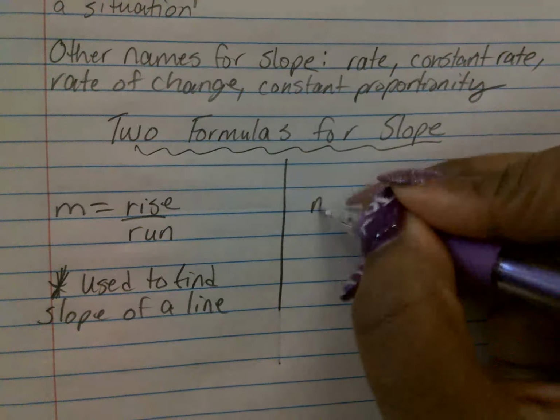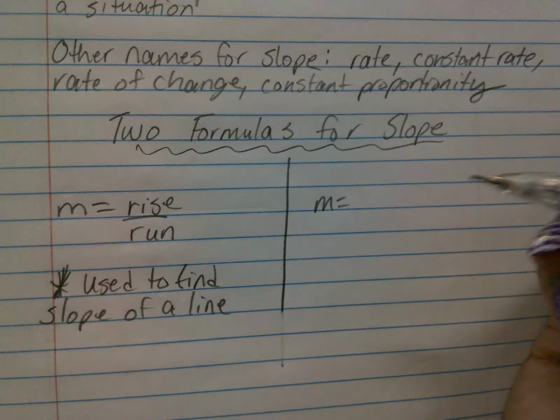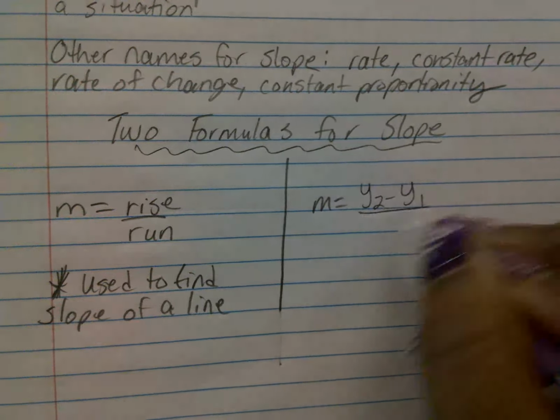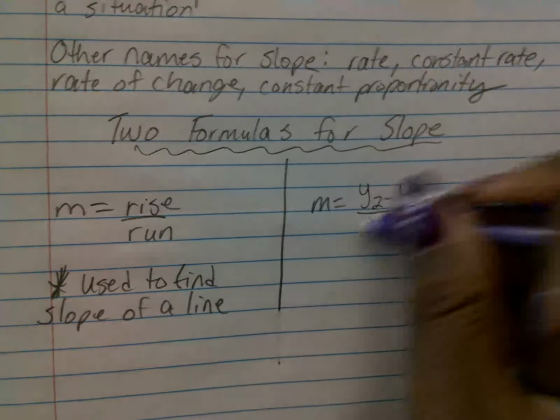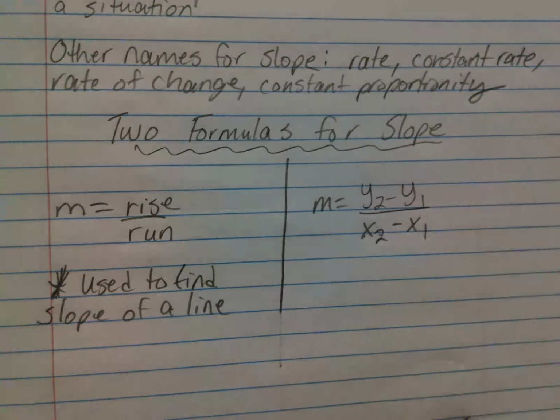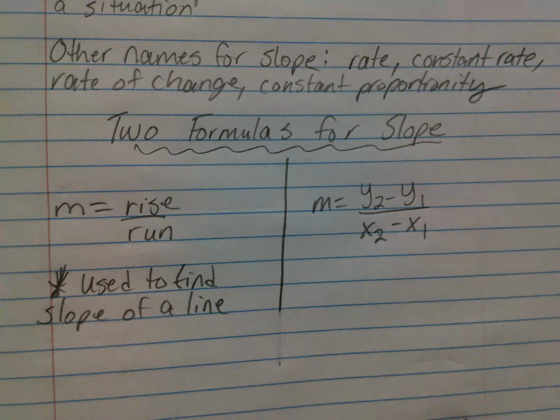The other formula for slope is y2 minus y1 over x2 minus x1. This is the other formula for slope.